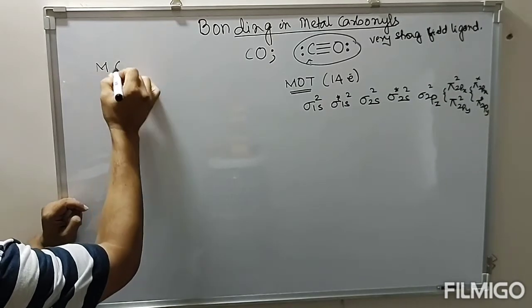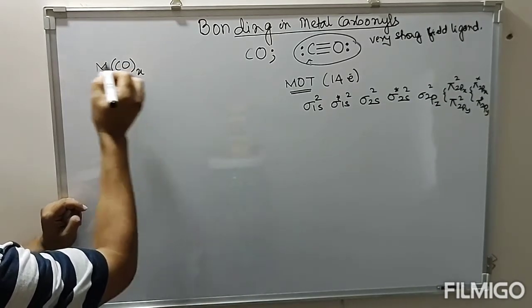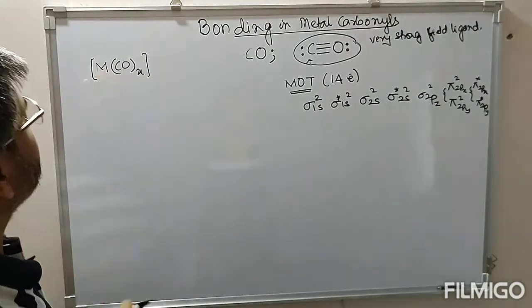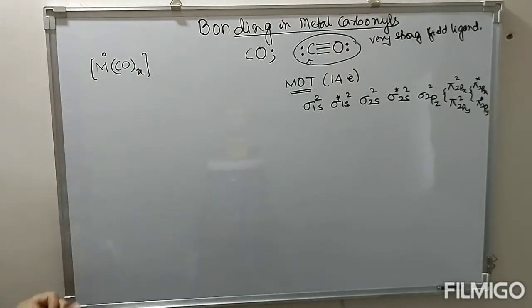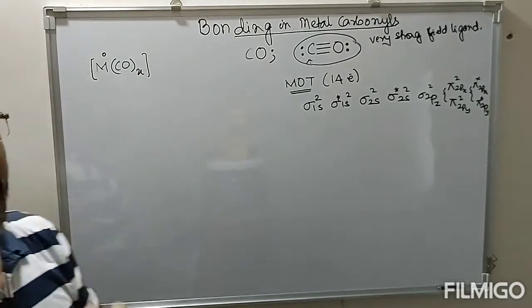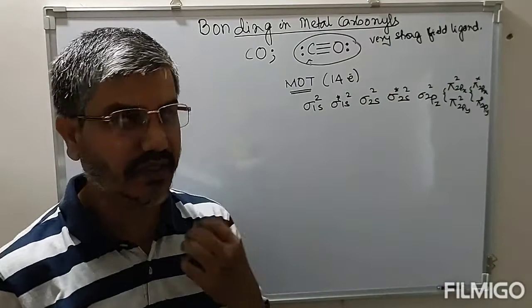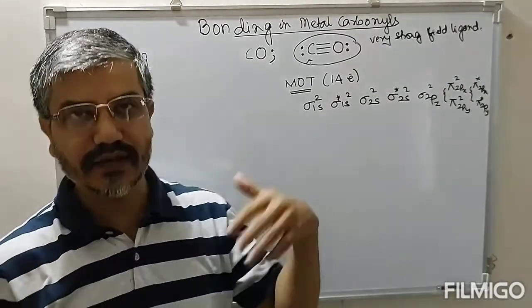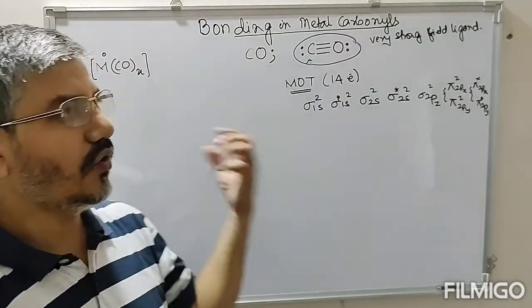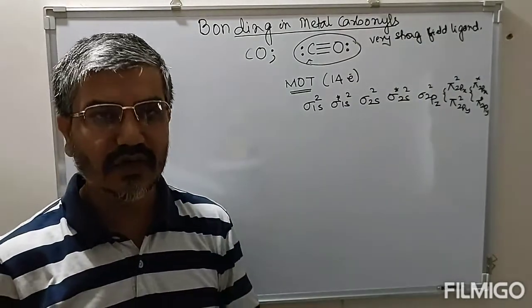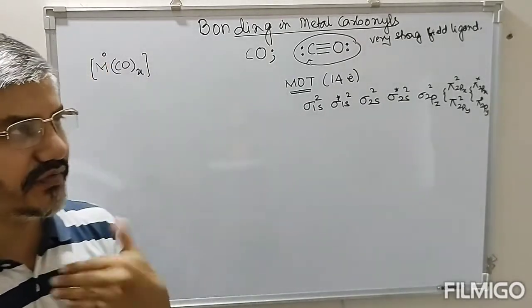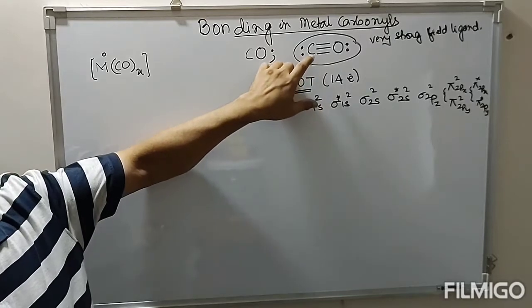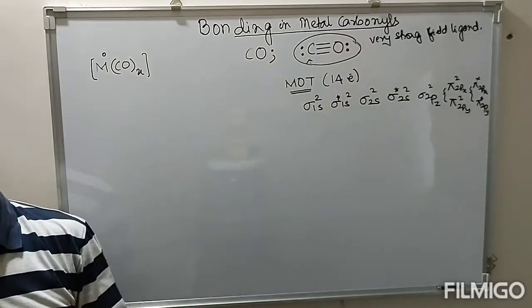Now let's take this case. We have this metal and carbon monoxide. Since the metal is in a lower oxidation state, it has some unoccupied or vacant d orbitals. The vacant d orbital or vacant hybrid orbital of the central metal atom overlaps with the filled sigma orbital of carbon monoxide having a pair of electrons.